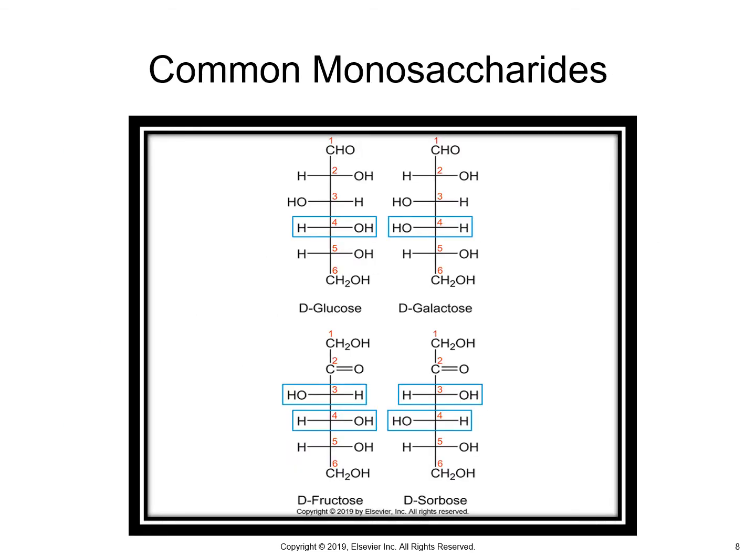So these are some of the common monosaccharides that you might see. Glucose, again, that's the sugar that our body prefers. Galactose is a milk derivative. Fructose is the sweetest of the monosaccharides, and it comes from fruit. And then sorbose is another monosaccharide.